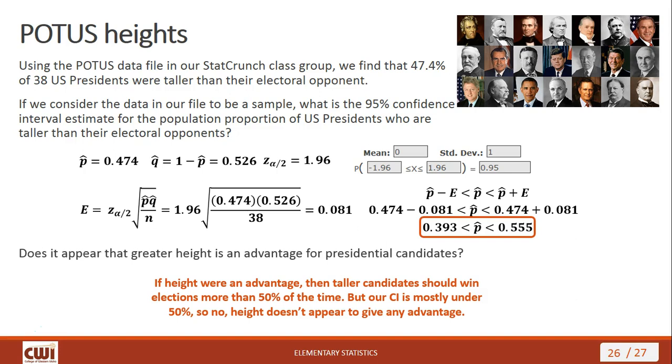Now, there is that small portion there on the right side where the true population proportion could be slightly higher than 50%, but given that each value within that interval has an equal likelihood of being the true population proportion, and there's much more possibility of being less than 50% than there is of being more than 50%, it's safe to conclude that height doesn't appear to give any notable advantage.